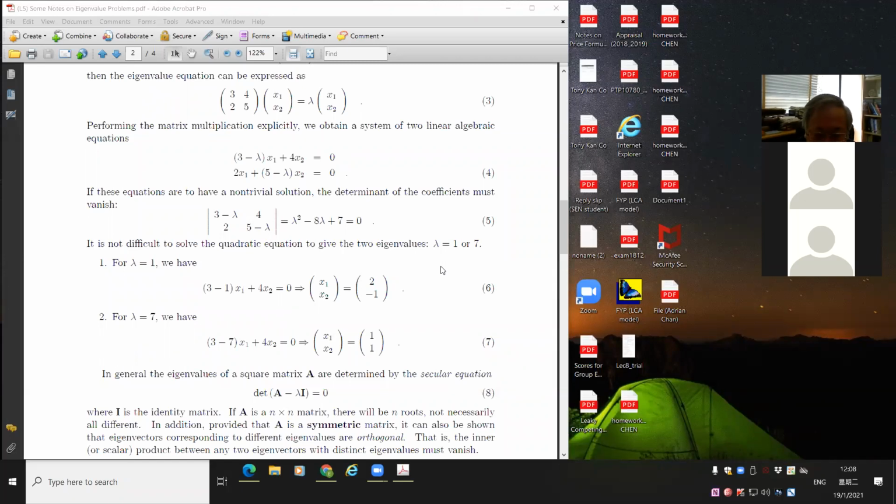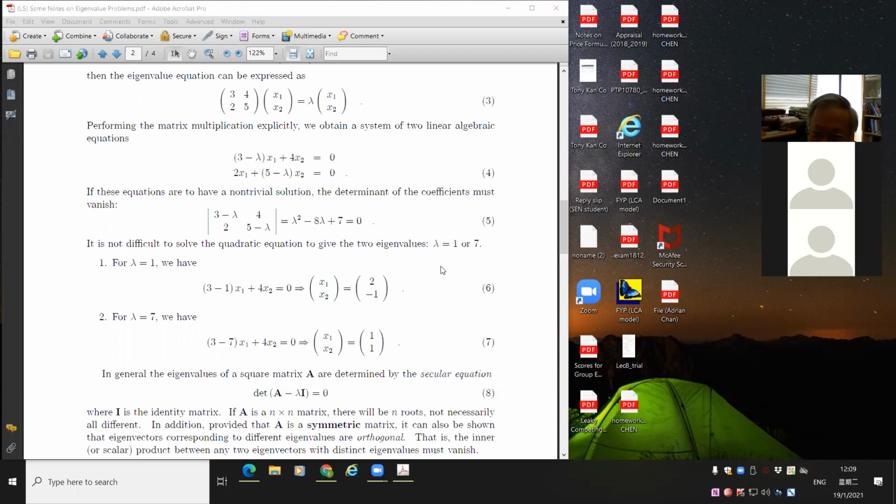So cubic equation is okay. Now what happens if we have 4x4? We skip the question.